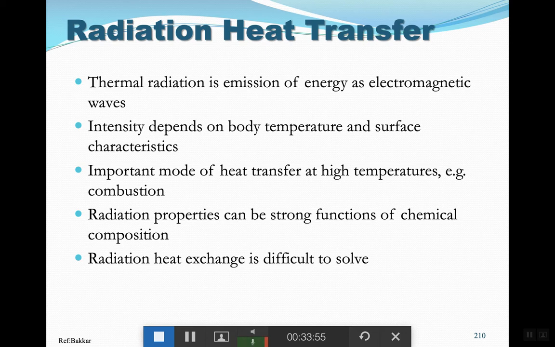But other than that, this can be neglected, and actually we tend to neglect this because, as we will see in a moment, calculation of radiation heat transfer is extremely difficult, both in terms of the equations and the statistical system that is included in it.